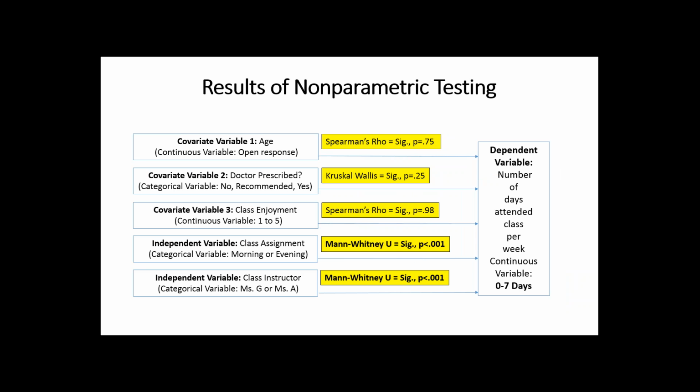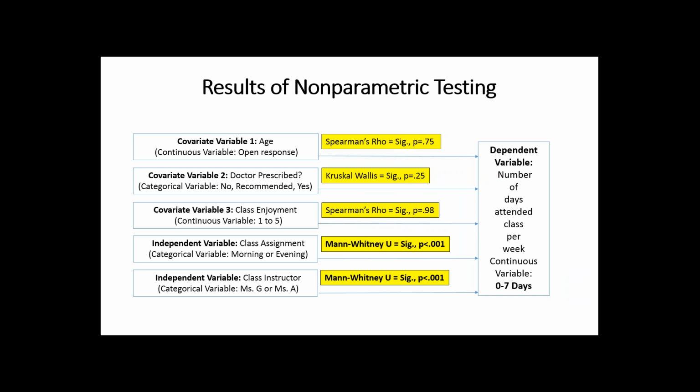So here are the results of our non-parametric tests, the ones we just looked at. So we see that the covariate variables 1 through 3, age, doctor prescribed classes, and class enjoyment, are not significantly related to the dependent variable class attendance, measured as 0 to 7 days weekly class attendance.